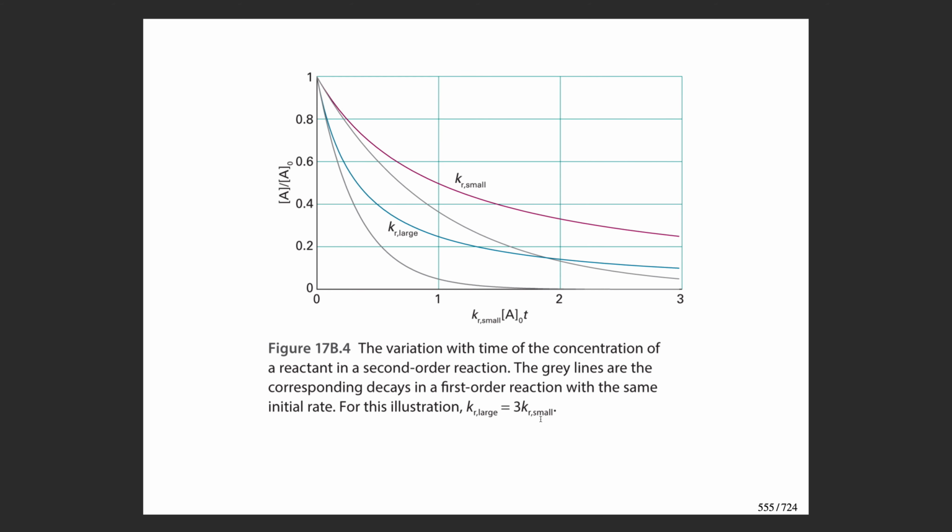Here is a graphic showing you second order kinetics. So here we've got two different rate constants. Again, the larger the rate constant, the faster the reaction goes. What they're comparing against with these gray curves are the integrated rate laws for zeroth order and first order kinetics, where the initial rates are the same.